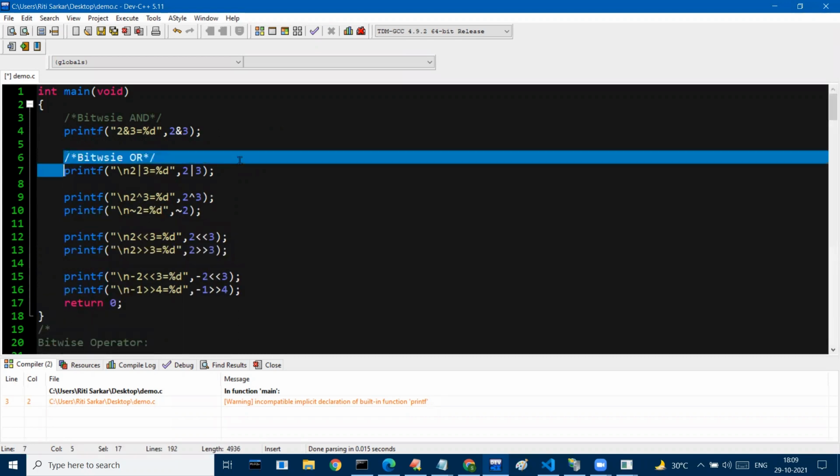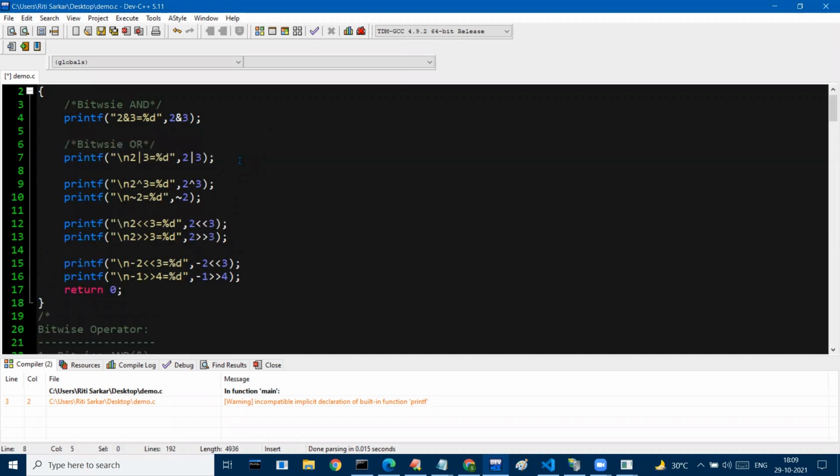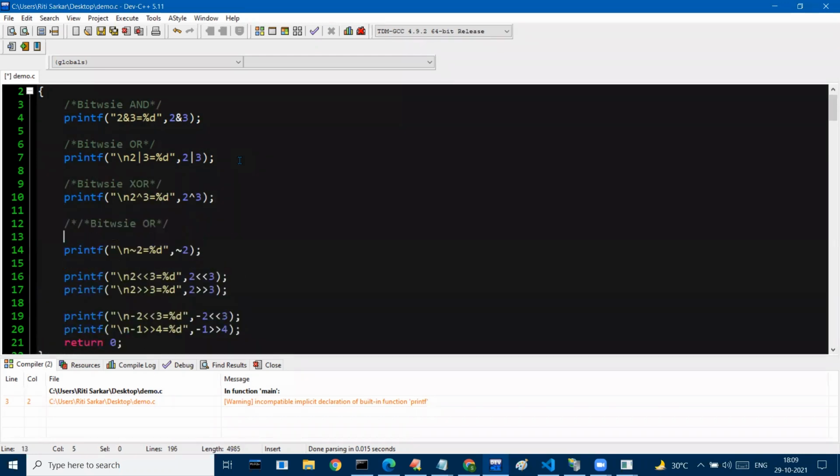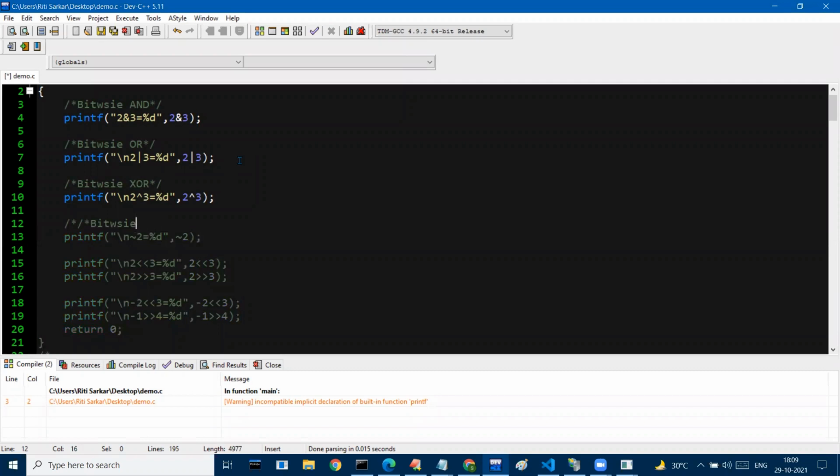Lastly, bitwise XOR. Bitwise complement.